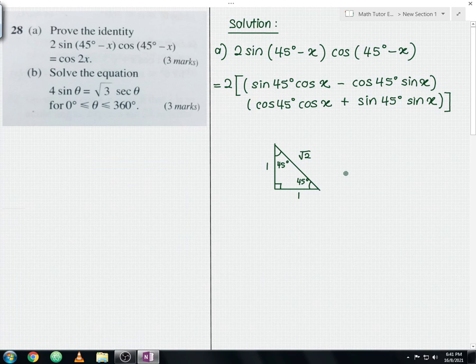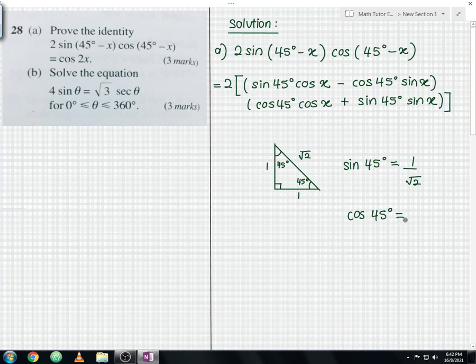For example, if you want to find sin 45°, the formula is opposite over hypotenuse. In this case your opposite is 1 and your hypotenuse is square root 2. So 1 divided by square root 2 is the value for sin 45°. Then continue with cos 45°.